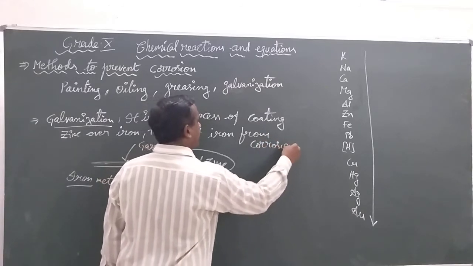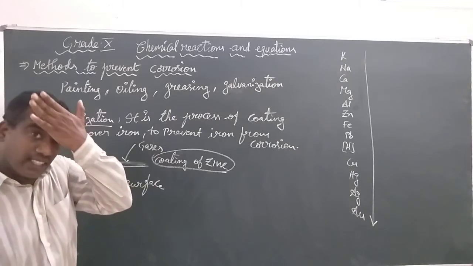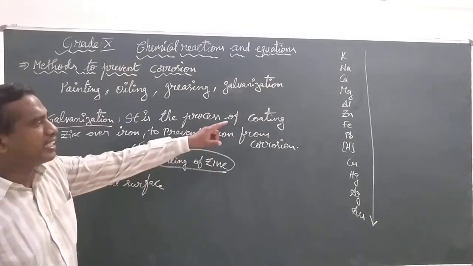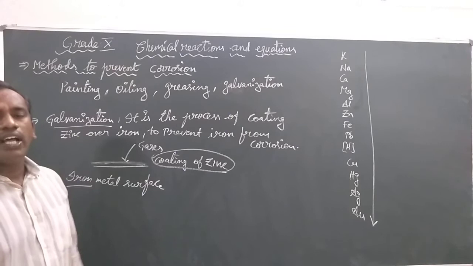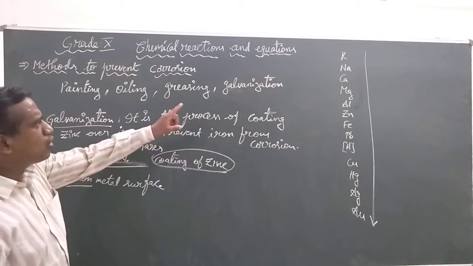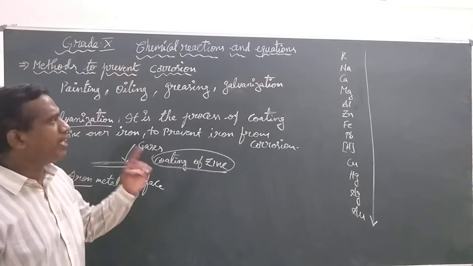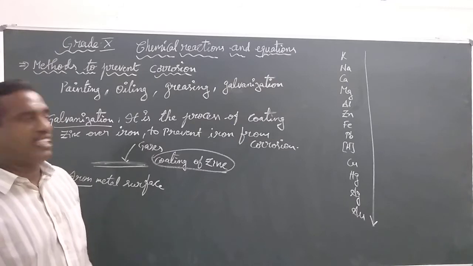Yes, we use this process of coating zinc over iron to prevent the iron from rusting. So this is the new word that we have observed. What is the new word? Galvanization.